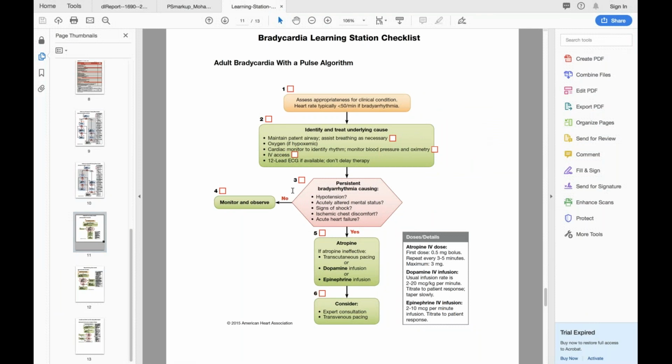The same questions. You will know if he's confused, if he has altered mental status, or you can ask if he has discomfort or difficulty breathing, and check blood pressure.